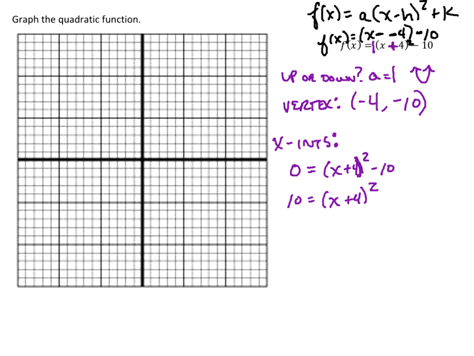I'm ready to take the square root of both sides. The square root of 10 is the square root of 10. And I'm left over here with x plus 4, so I need to subtract 4 off of both sides. I'm sorry, I get positive and negative square root of 10 when I solve the equation. So negative 4 plus or minus the square root of 10 equals x.